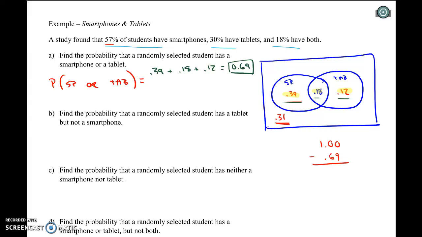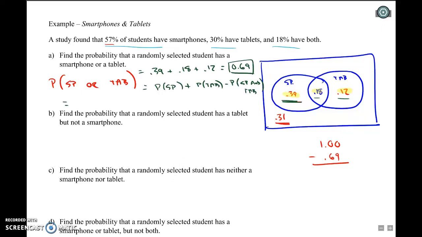If I wanted to use a formula, the probability is also equal to the probability you own a smartphone plus the probability you own a tablet minus the probability you own a smartphone and a tablet. Another place where people tend to make mistakes, they put this number here down.